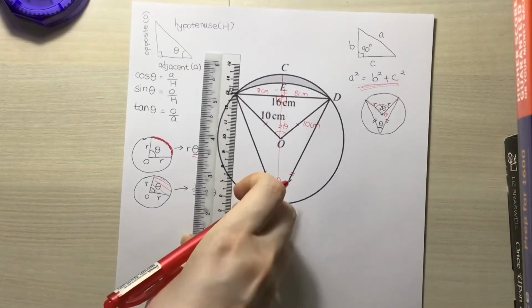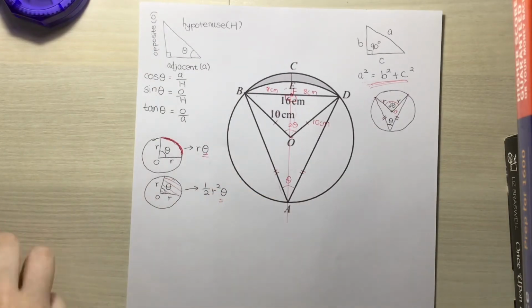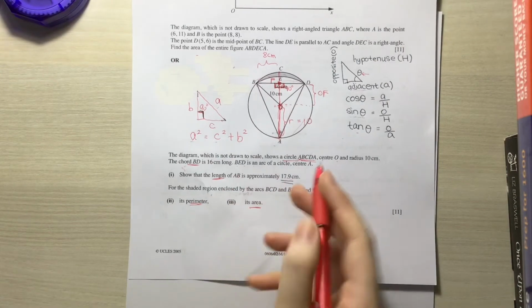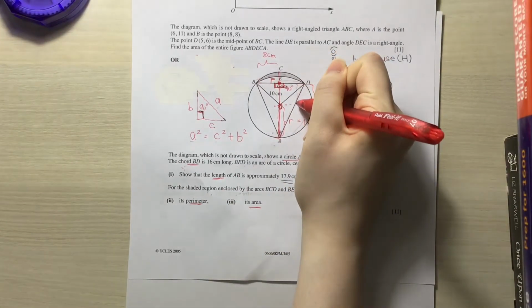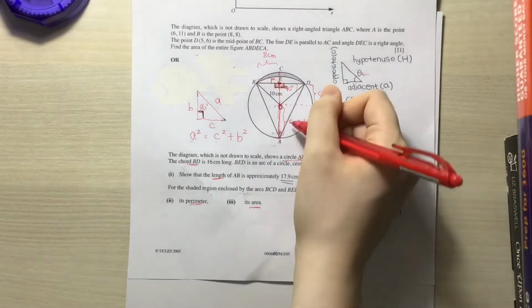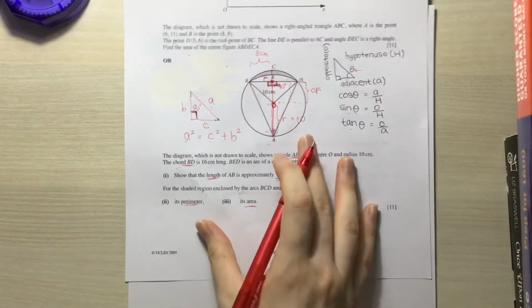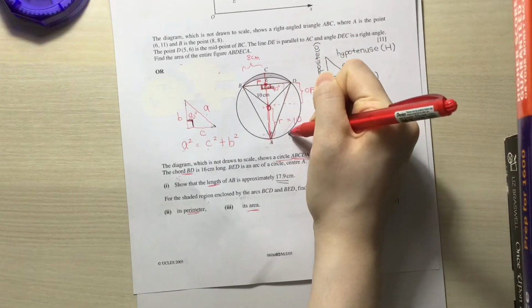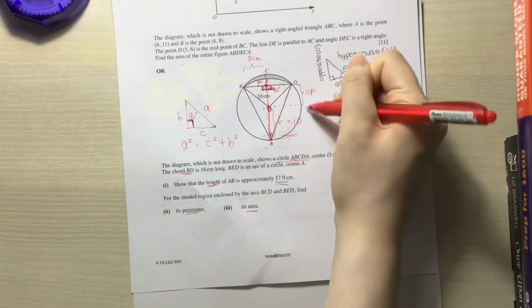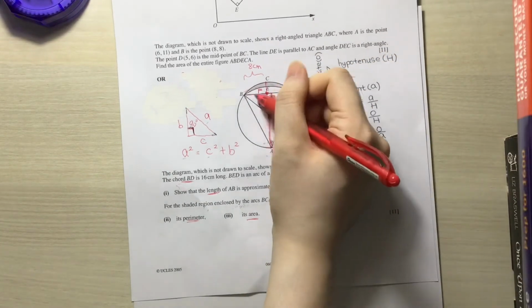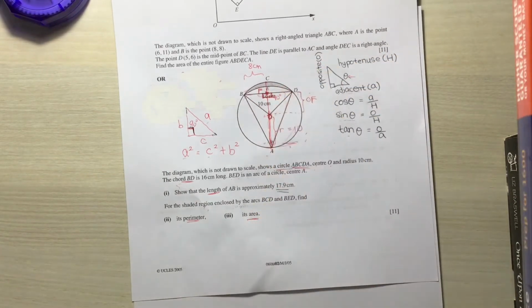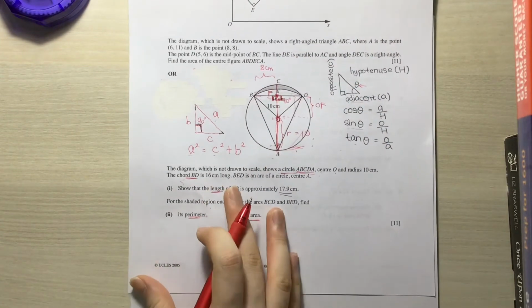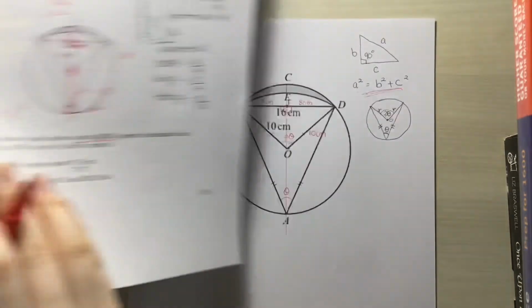By this point, you should be able to solve the first part of the question, which is to show the AD, because after knowing the length over here, you can add up the entire length from A down to here, and then you realize that I've already got two sides of the right angle triangle. All I have to do is find the remaining one, the other longer side of this right angle triangle. And this is all you have to do for your part 1.